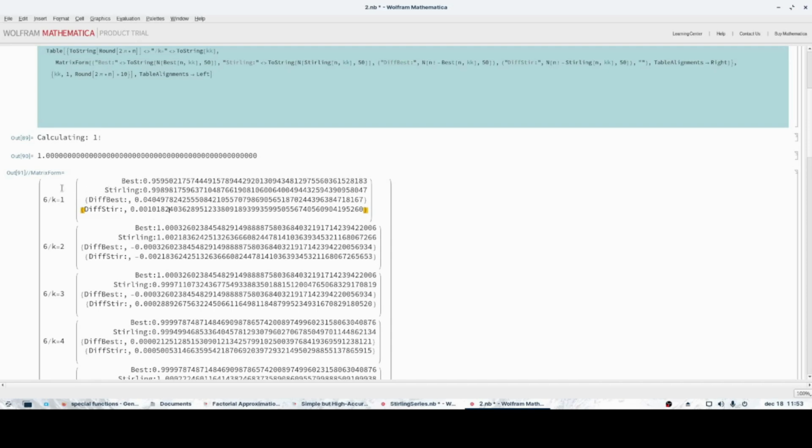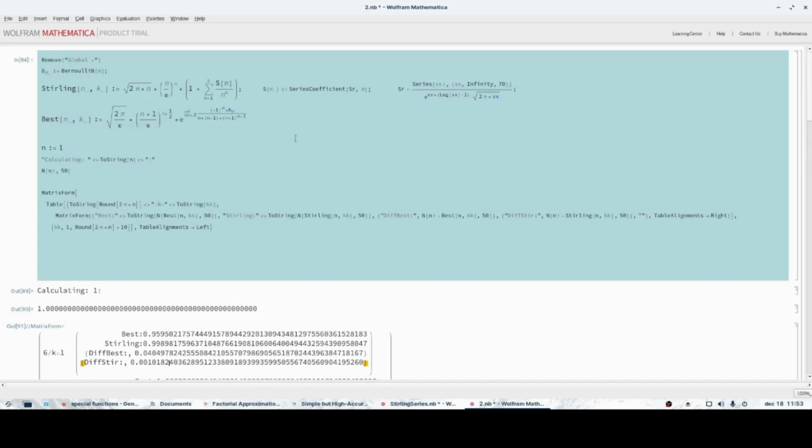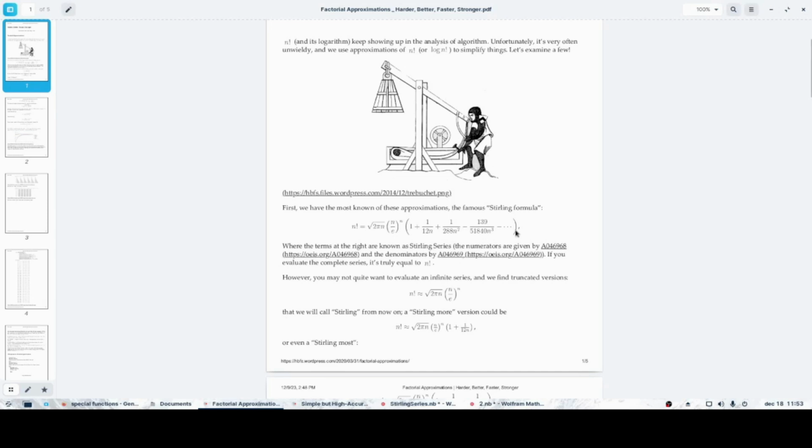And we are using these k values from the definition. This k should be the one which approaches infinity. So what this document is saying is that if this k approaches infinity, this Stirling series formula approaches n factorial.